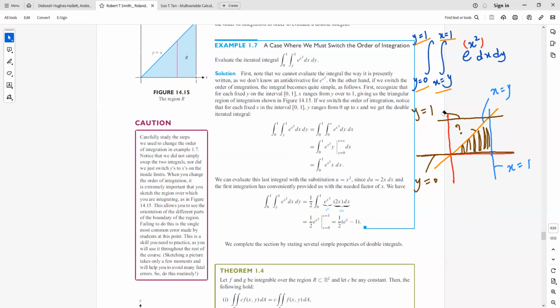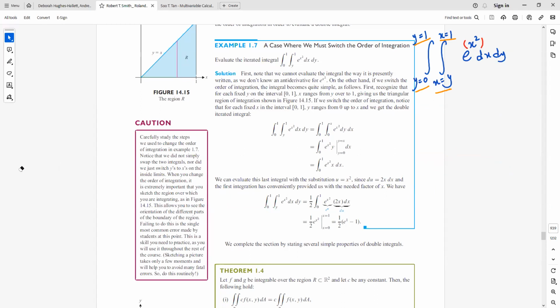Let's start the work. Let's draw the region again. This is the region: the line x equals y, the line x equals 1, the line y equals 1, and the line y equals 0, and this is my region inside.